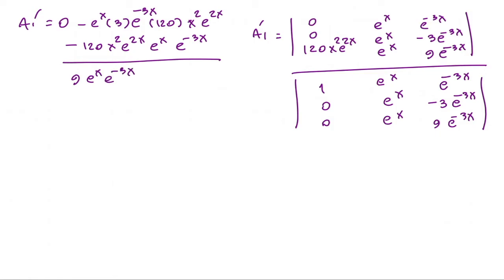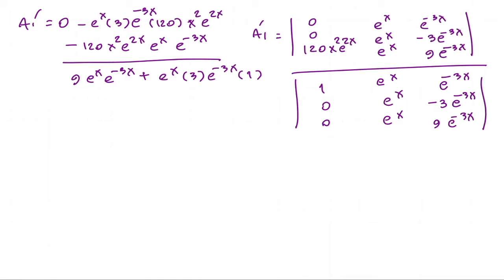Okay, and this one is 0. This one is 0 as well. So you have this one 0, this one is plus e to the x, 3 e to the minus 3x and 1.